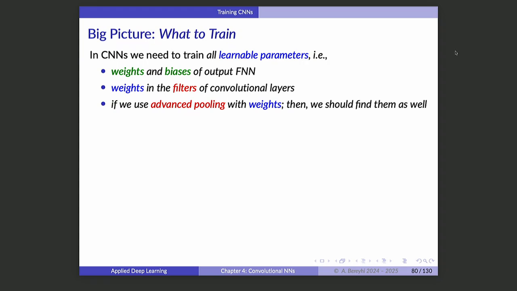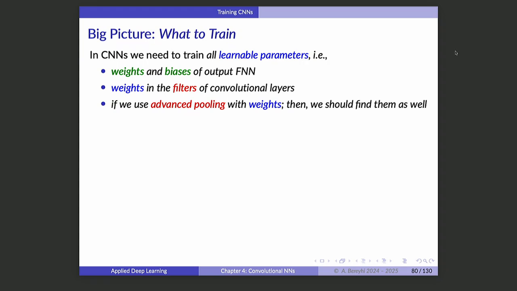So basically, we have a bunch of learnable parameters in a convolutional neural network. What could those learnable parameters be? We could have weights and biases, and these weights and biases are in our filters, the convolutional filters.